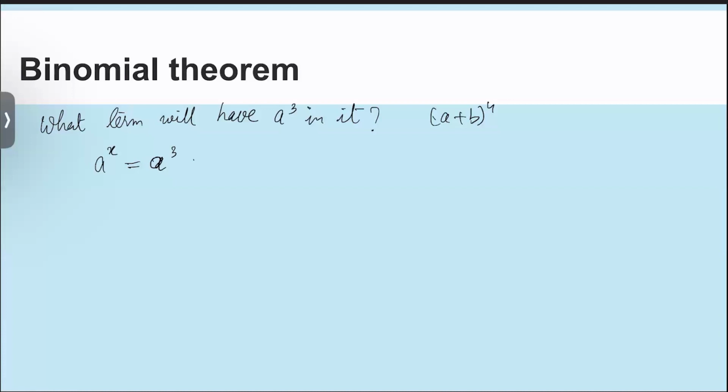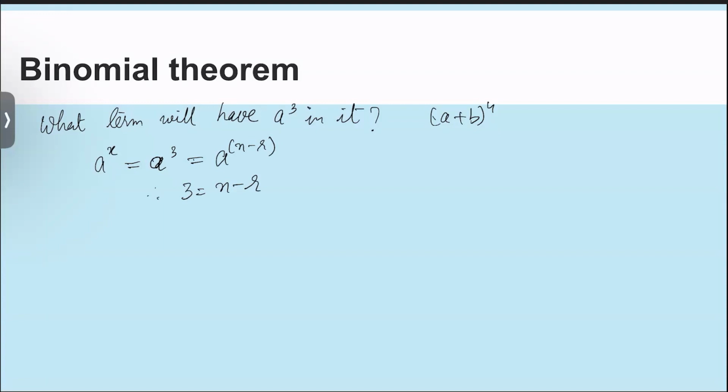Now we remember that a will always be written in the form of a raised to n minus r. So we can write that 3 is equal to n minus r. We want to find which r this is, because if we find r, we know which term we have to generate.